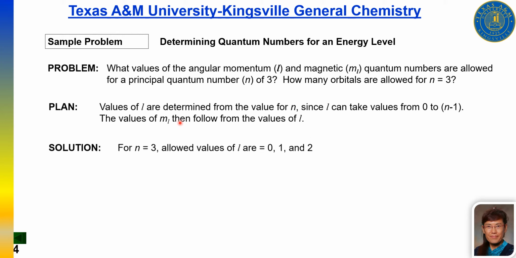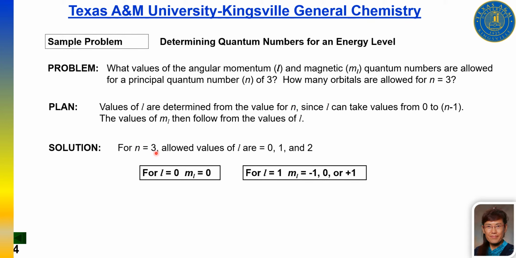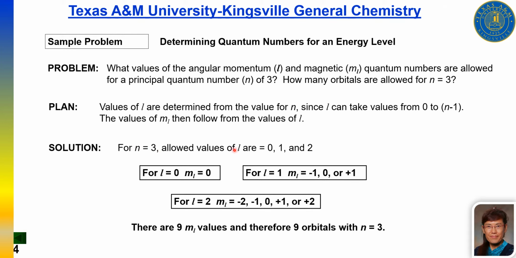Our solution: for n equals 3, the allowed values of your l will be 0, 1, and 2. The 2 is calculated from 3 minus 1. If l is 0, your ml can be only 0.